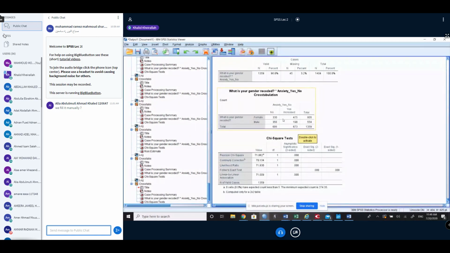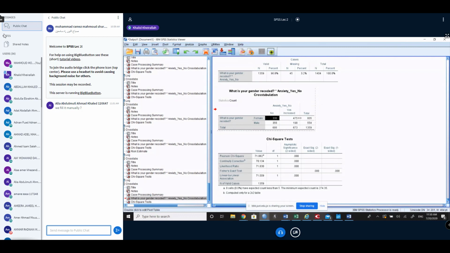So if you calculate the percent out of the rows, which is out of gender, you divide each of these, 330, divided by this total. 475 divided by this total. Each of these divided by the total for each gender. If you want to do it by column, then you divide the same number not by the gender, but by the anxiety level. No or yes.